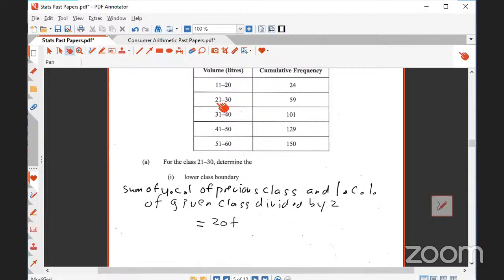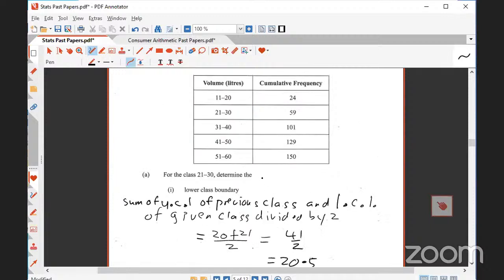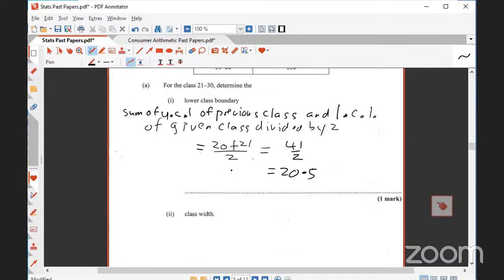The lower class limit is the smaller number, that is 21. Then you divide that sum by 2. So when we work that out, we get 41 divided by 2, and my answer is 20.5. So that's the lower class boundary of the class 21 to 30.